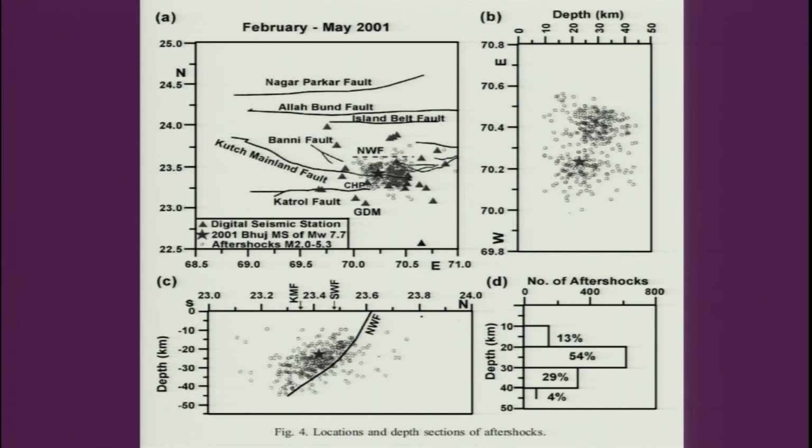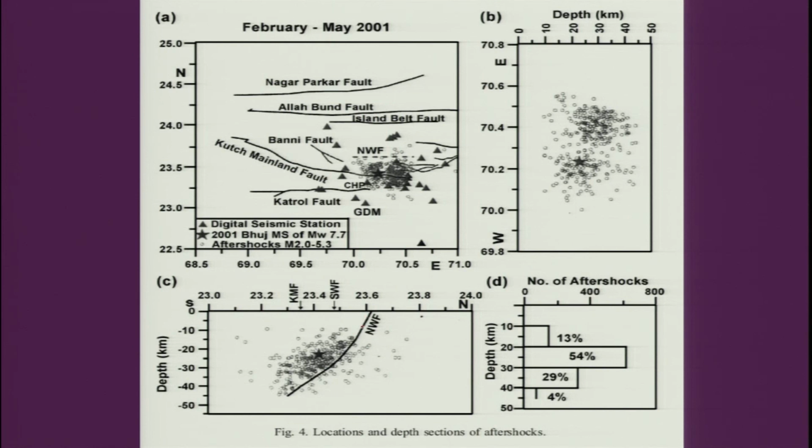This is a plan view which shows the location of the main shock and the distribution of the microseismicity or the aftershocks, shown with respect to the plan view and the depth. This shows that the main shock was triggered at around 23 to 25 kilometers deep, and probably was along the North Wagad fault, which is dipping due south.